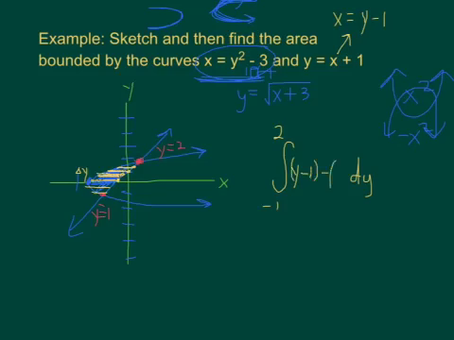That's what I'm going to do. And then y squared minus 3 is what we're taking the difference of. You can clean this up a little bit and simplify it if you like. So we would have y plus 2 minus y squared to get rid of the parentheses. Evaluating from negative 1 to 2 still, we should be getting 4.5 square units.